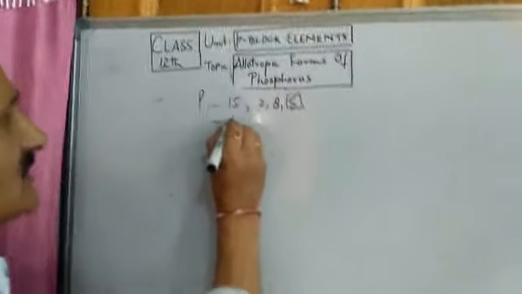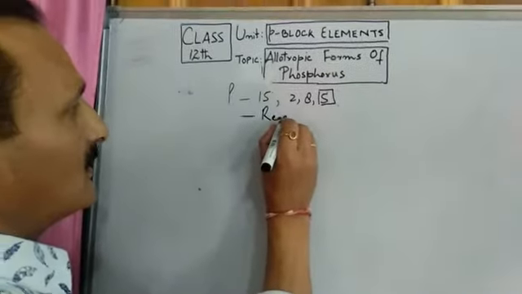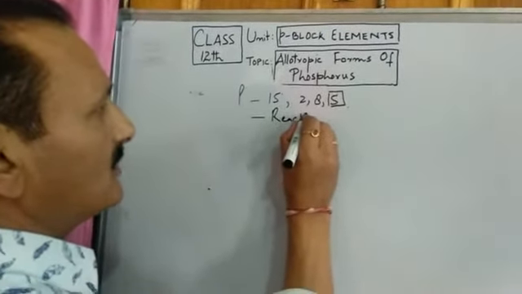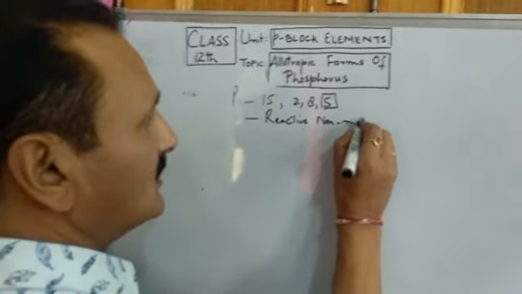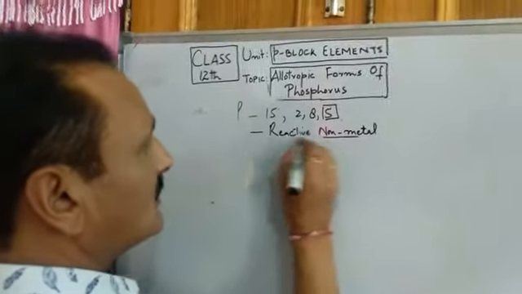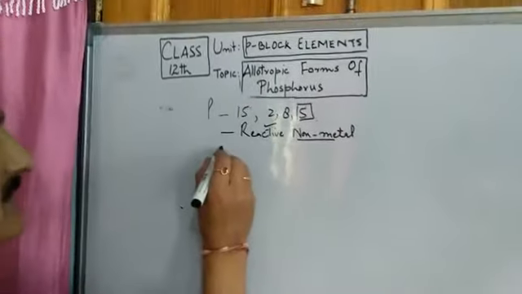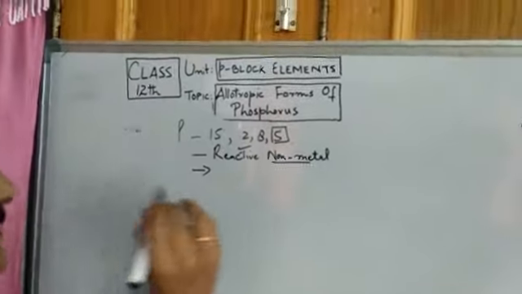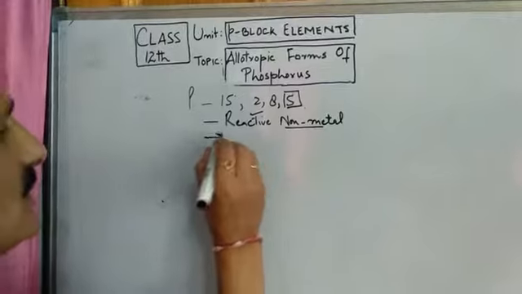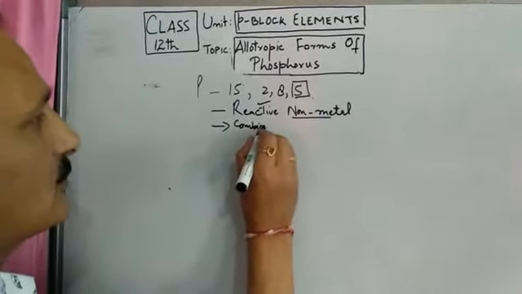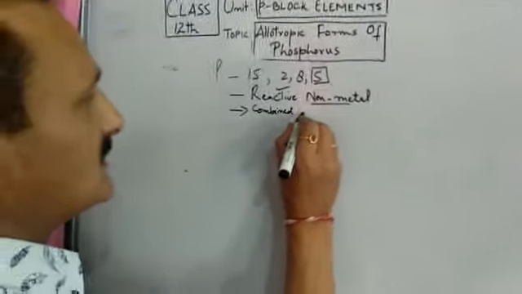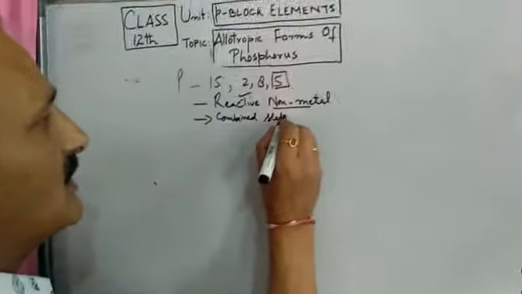Phosphorus is a reactive non-metal. It is not a metal, it is purely a non-metal, but a very reactive non-metal. Then phosphorus is mostly found in combined state due to the simple reason that it is very reactive.